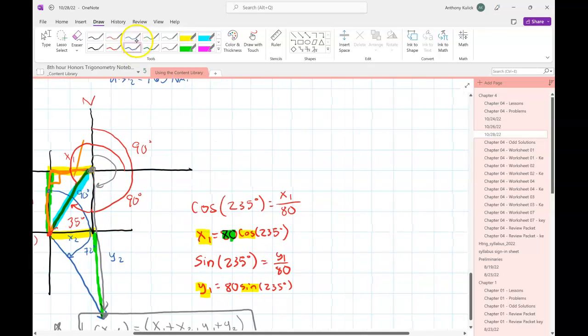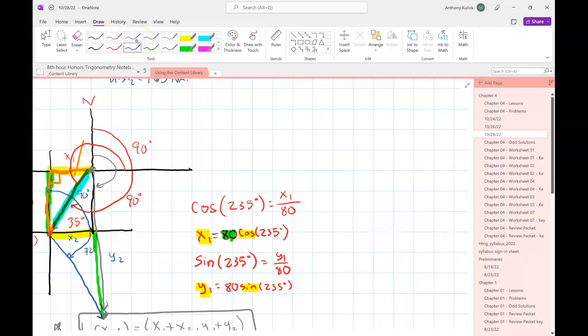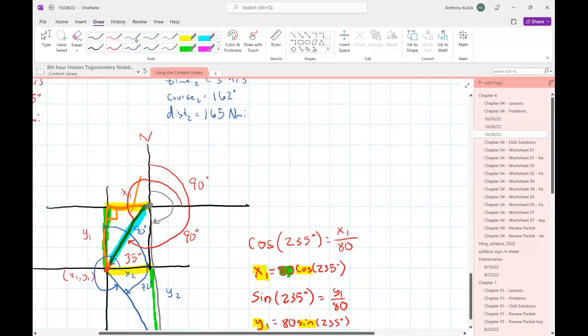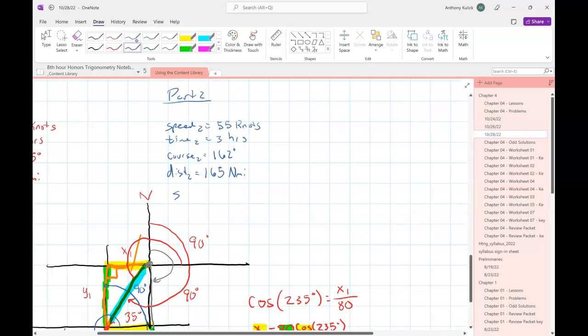Define the x2 and y2. Guess what we're going to do? The exact same thing. So I need this angle here, right? 90 plus 90 plus 18. So that's 288.